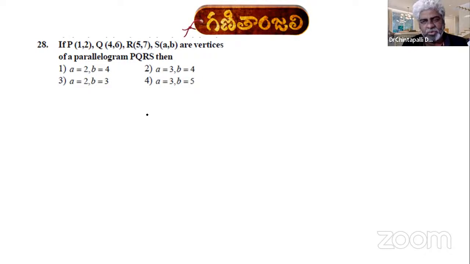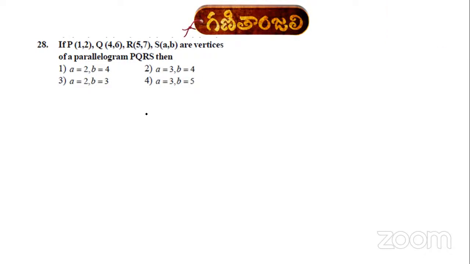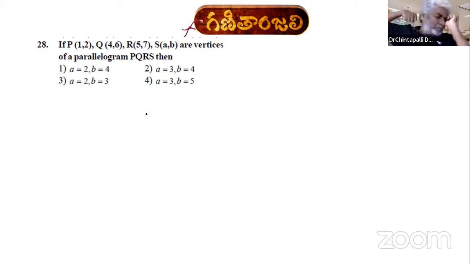Are you using the same device? Can you draw on the screen? Q is 4 and 6, 5 and 7. Is it possible to do the same calculation on this?